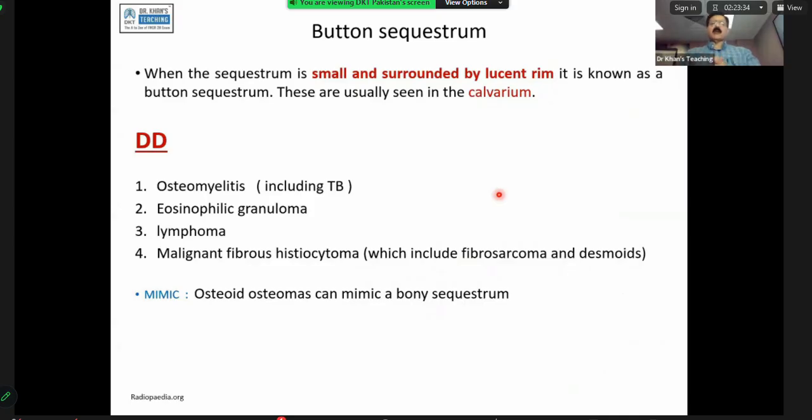Okay, from here we come to an exam term, which is known as button sequestrum. This is very important for the exam. What is a button sequestrum? It is basically a small sequestrum surrounded by a lucent rim, commonly seen in the calvarium but can be at other places.